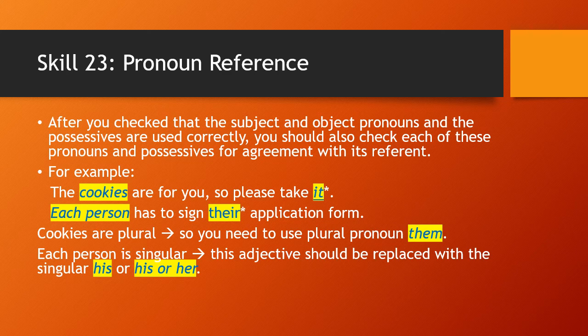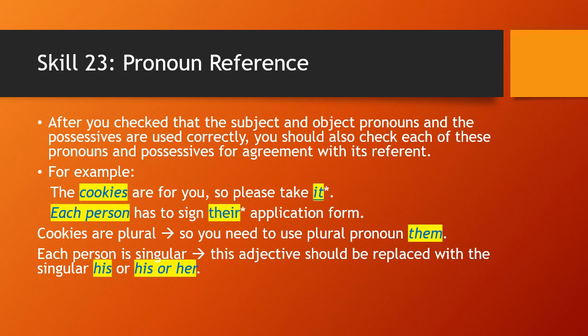Again, let's take a look at the second example here. Each person has to sign their application form. Their here is incorrect. Why? Because let's take a look at the referent. Each person.